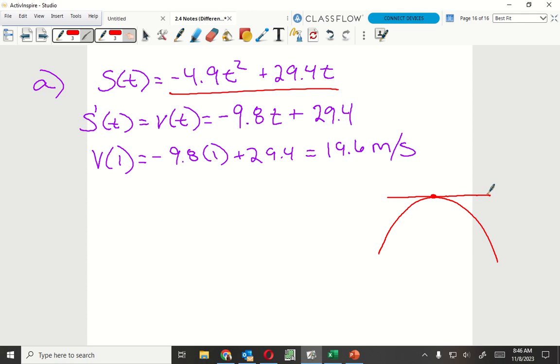So right here, I need to set what equal to 0 for this? Not y. Nope. Okay, think of which functions we're talking about here. I want the slope to be 0, right? So if I want the slope to be 0, which function am I going to use?